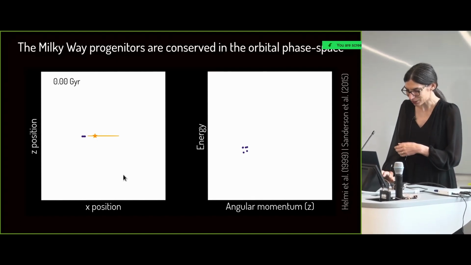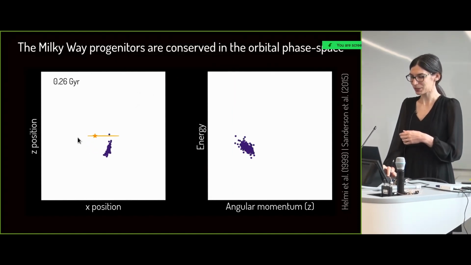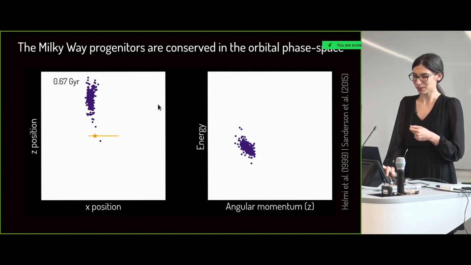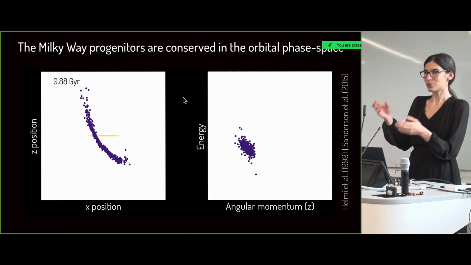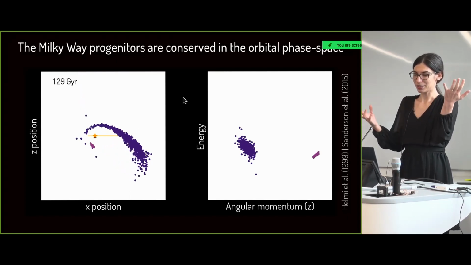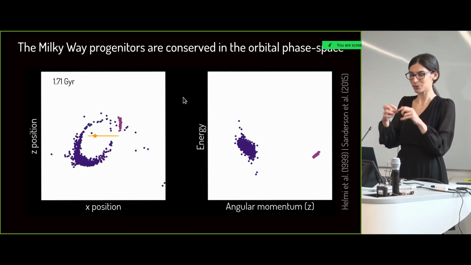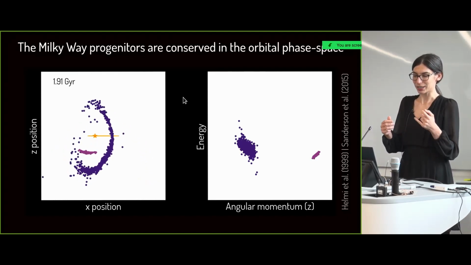And so here on the left-hand side, I'm showing a Milky Way-like galaxy with a disk and the position of the sun as a star. And then I'm showing a model of a dwarf galaxy disrupting in the Milky Way potential. And as you can see, the tidal forces of the Milky Way are shedding the galaxy, pulling stars apart into these very long stellar streams.